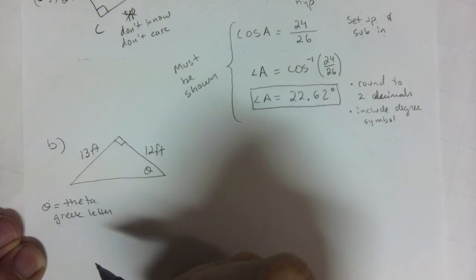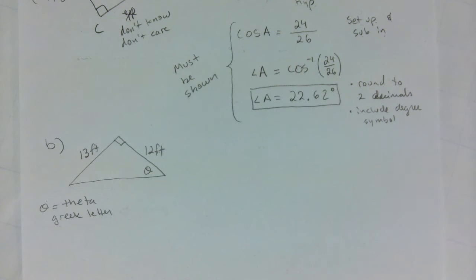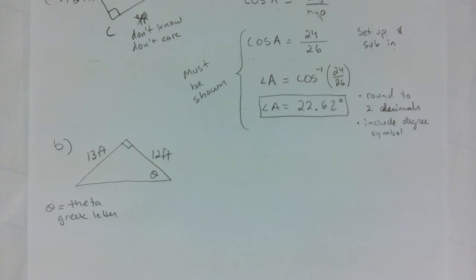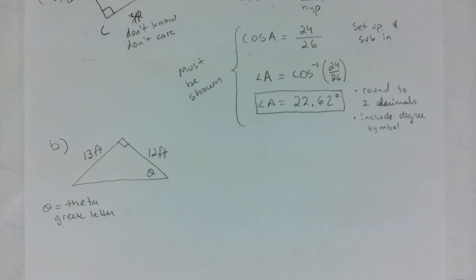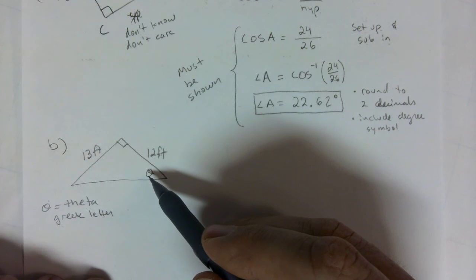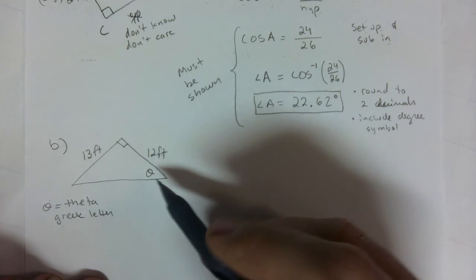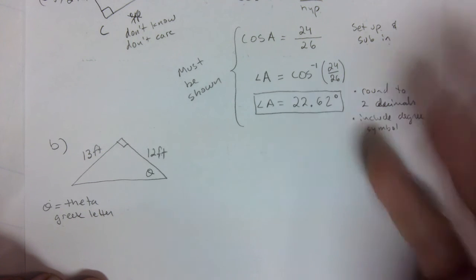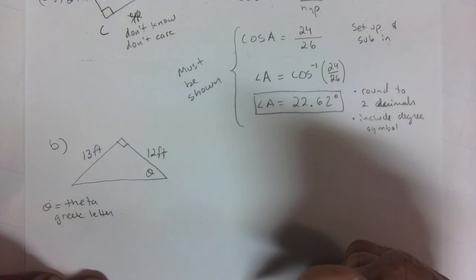So we used A, B, and C. Now we're using theta. And yes, it's inside the triangle. That is your reference angle. Instead of the capital letters on the outside, it just looks a little different, but you still know you're supposed to solve for this guy right here. That is the reference angle. So if you want to put an arc here, you can, if it helps you out.